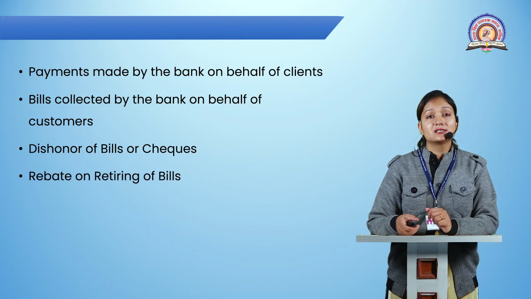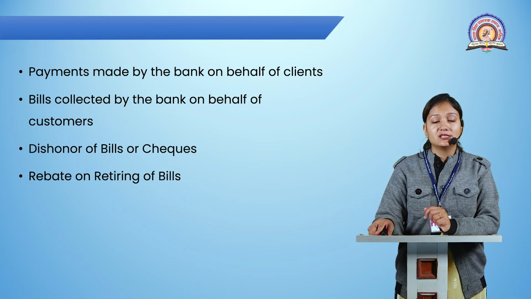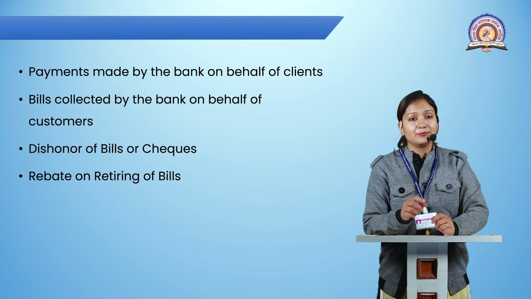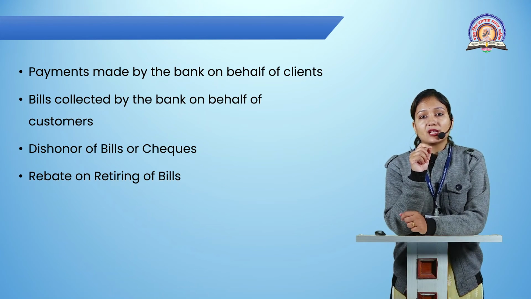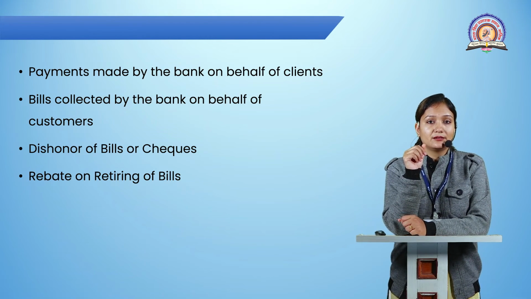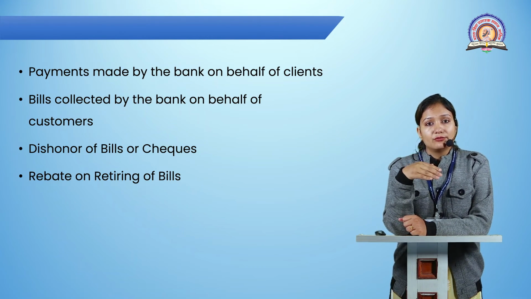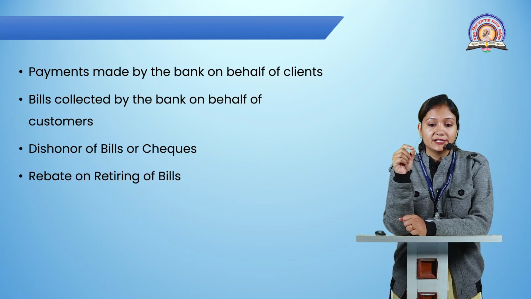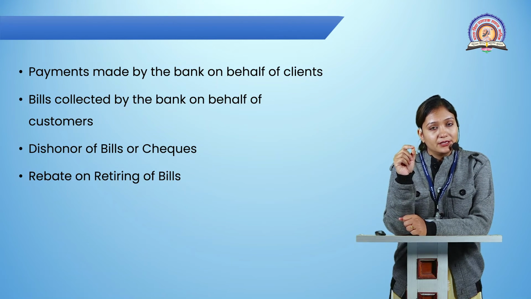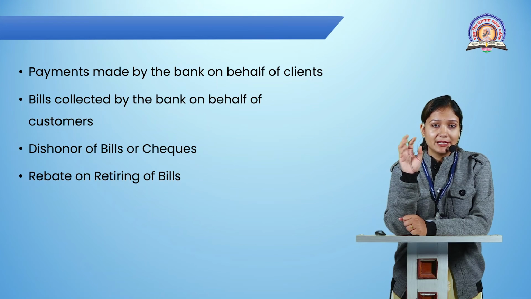Now the next reason is rebate on retiring of bills. Rebate means what? See, for example, I have taken a loan from the bank. When I'm taking a loan from the bank, my maturity date is, say, 31st December. Take an example.